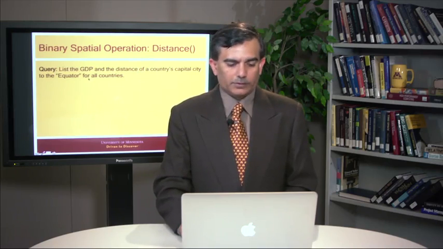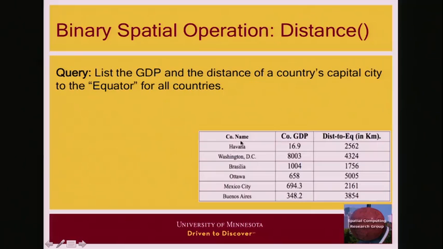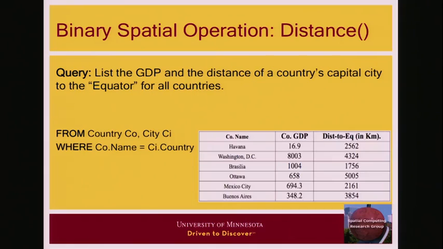So here is what we actually want: country name, GDP, and distance from the equator, and in order to do that two tables are needed as we just discussed, country and city. These tables are joined using a foreign key primary key join; there is no spatial join yet. So in the city table there is a country column, and you match it to the country name, and once we have done that, for every country we will have all the cities there.